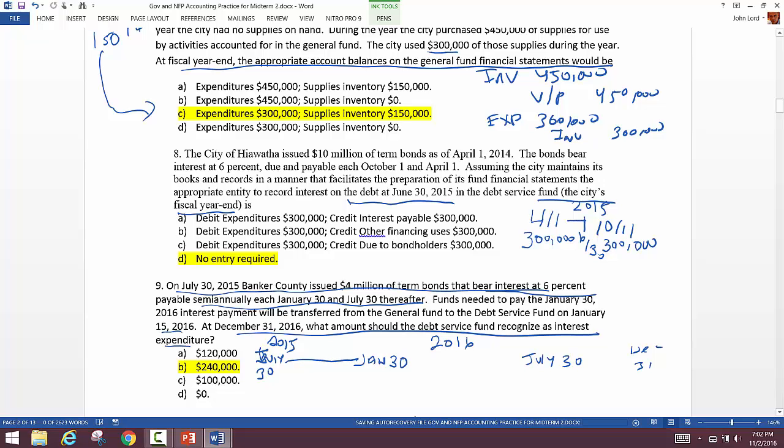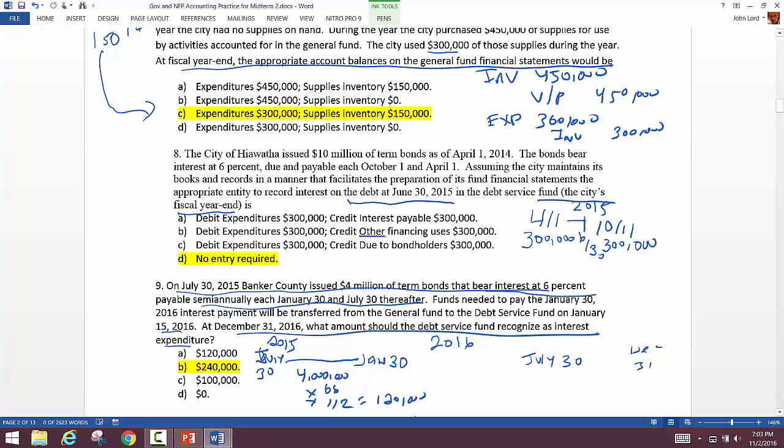Didn't 6 months go by between the date that they issued the bonds in 2015 and January 30th of 2016? And this question is asking me about 2016. So that means that there was $4 million times 6% times 1/2 for half the year. That gives me 120,000.